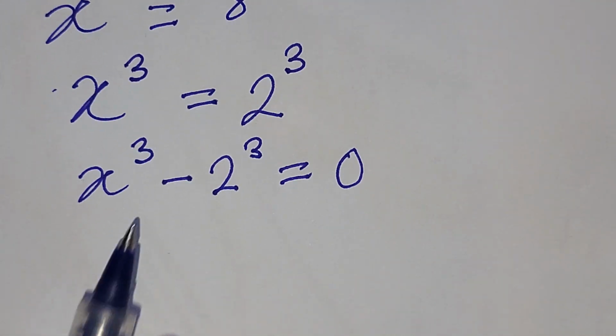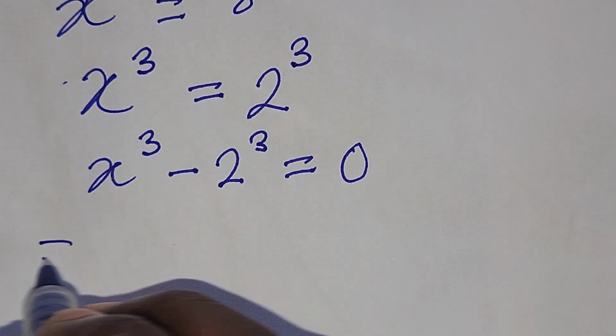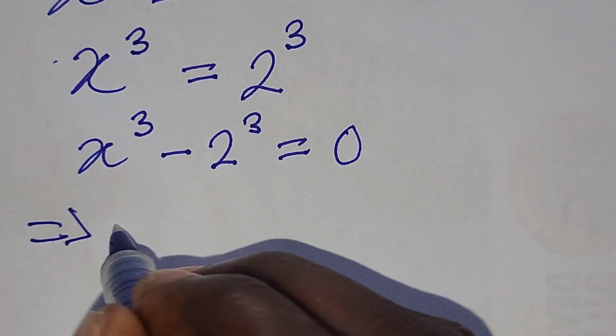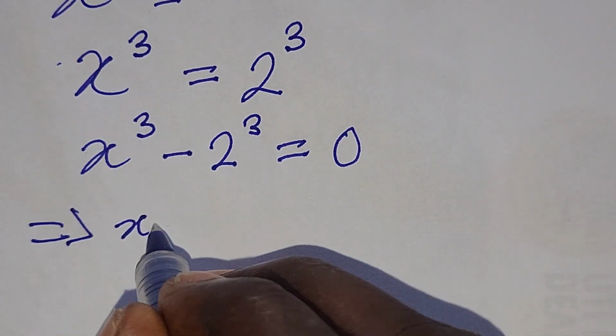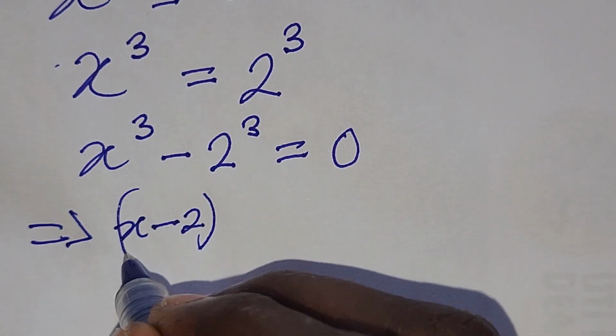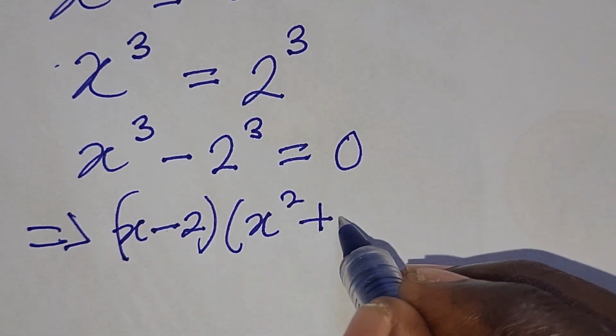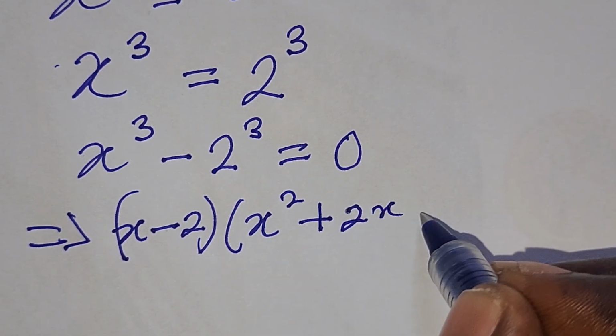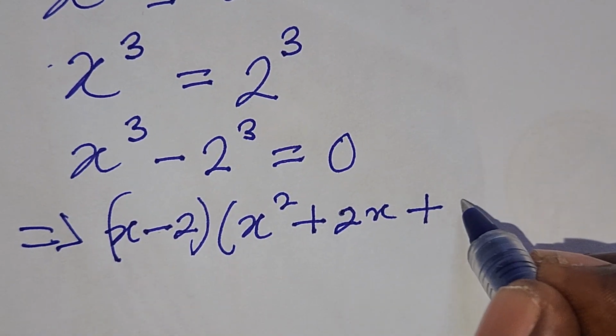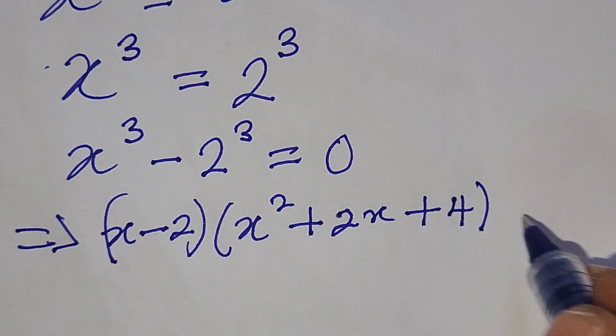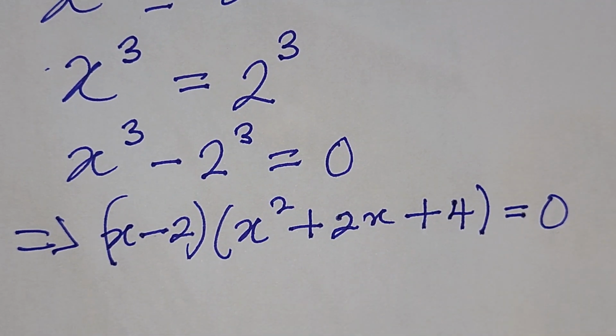So if we apply that to this, this now implies that we're going to have (x minus 2)(x squared plus 2x plus 4) equal to 0.